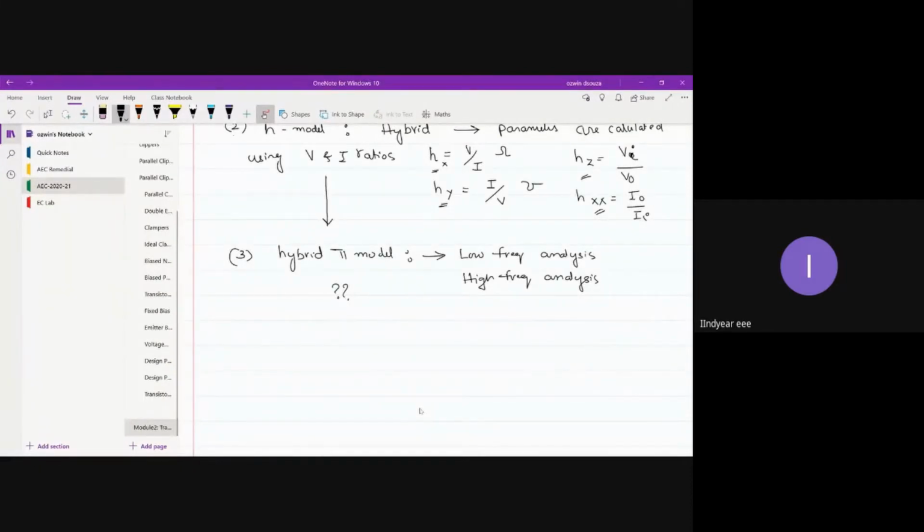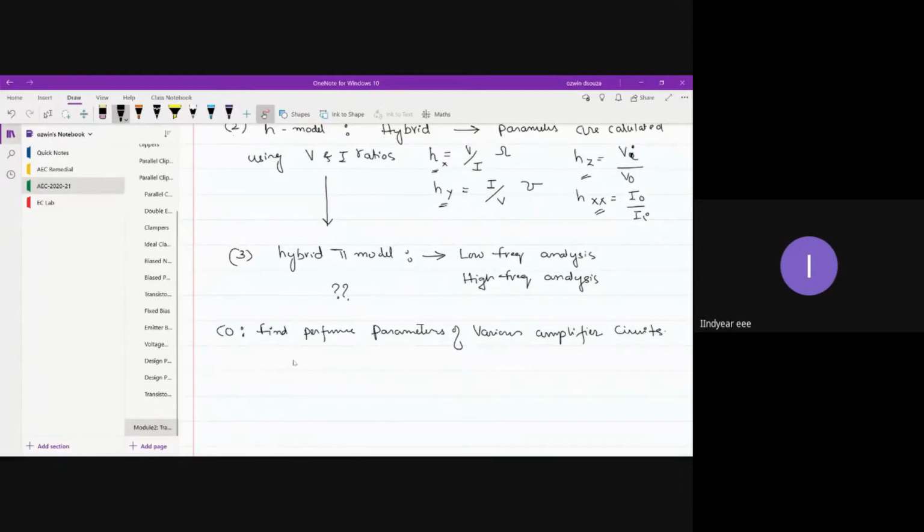So that being the brief introduction of module 2. In module 2, the course outcome would be something like: student will be able to find performance parameters of various amplifier circuits.